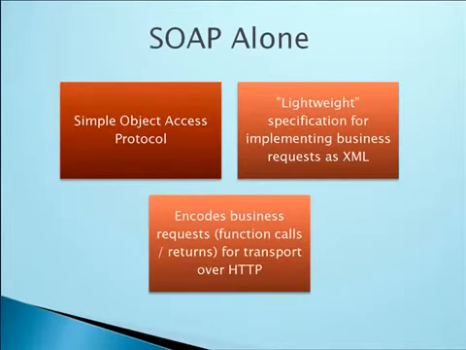Now, when information is transferred back and forth over the web services, it's going to be done using SOAP. And of course, SOAP is a specification for performing our appropriate business method requests as XML documents. SOAP can support a variety of lower level protocols such as HTTP, HTTPS, or SMTP. We of course use XML because of its programming language neutrality and its extensibility.